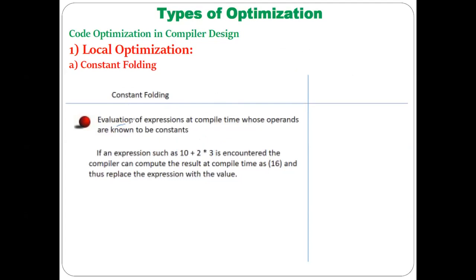Here I have mentioned evaluation of an expression at compile time whose operands, in the sense of values, are known to be constant. If an expression such as this is encountered, the compiler can compute the result at compile time as 16 and replace the expression with that value. So replacing the variable with the constant value, or evaluating certain constant-value expressions at compile time, is considered constant folding.